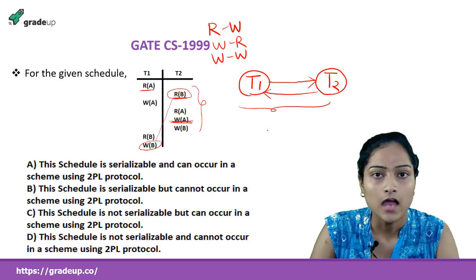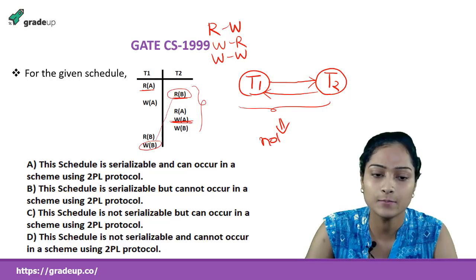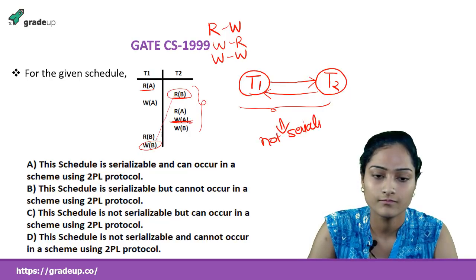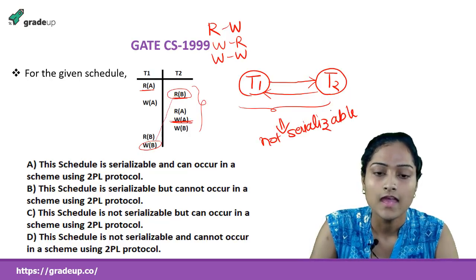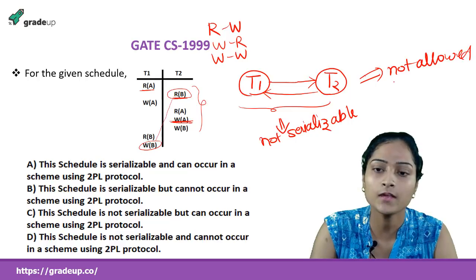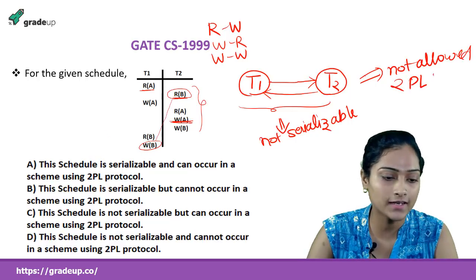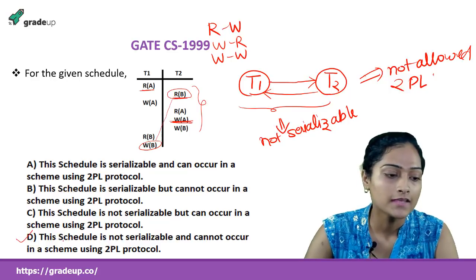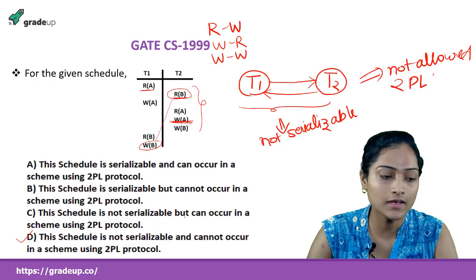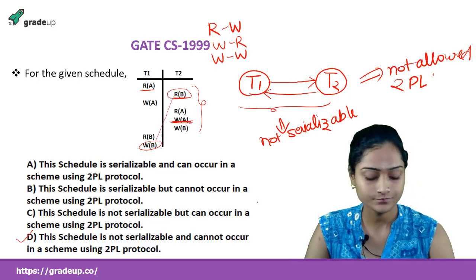If the precedence graph contains a cycle, then it is not serializable. And if not serializable, then it is not allowed by the two-phase locking protocol. So which option is correct here? Yes, option D. This schedule is not serializable and cannot occur using the two-phase locking protocol.